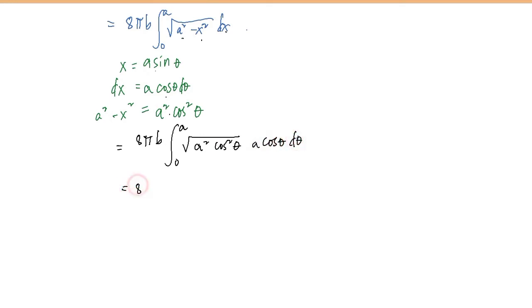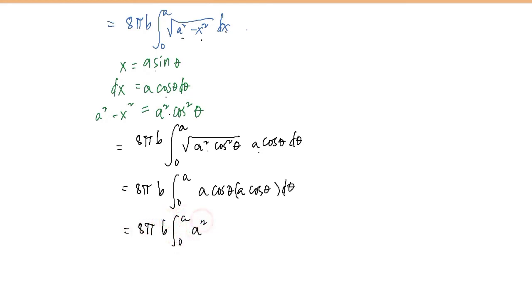So we have here 8 pi b integral from 0 to a, and the square root of a squared cosine squared is a cosine theta multiplied by a cosine theta d theta. So we have 8 pi b integral from 0 to a of a squared cosine squared theta d theta.